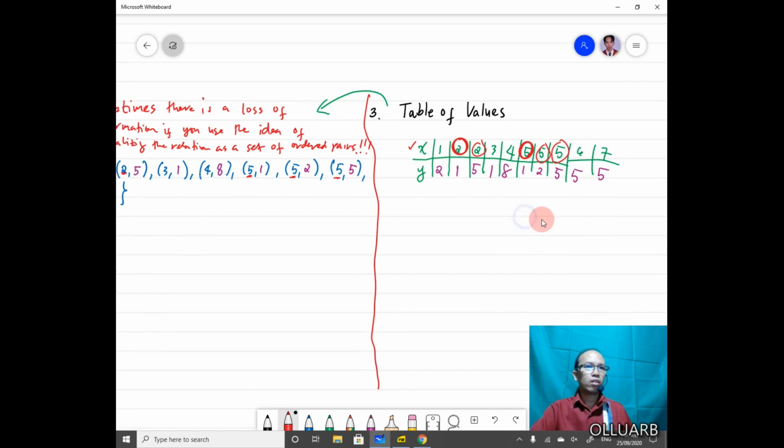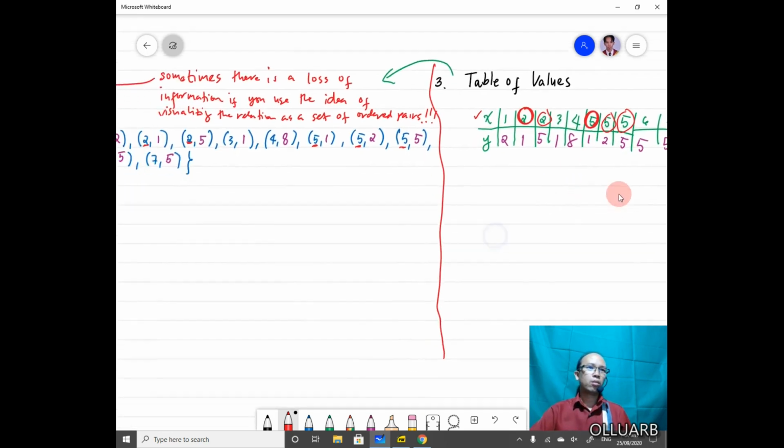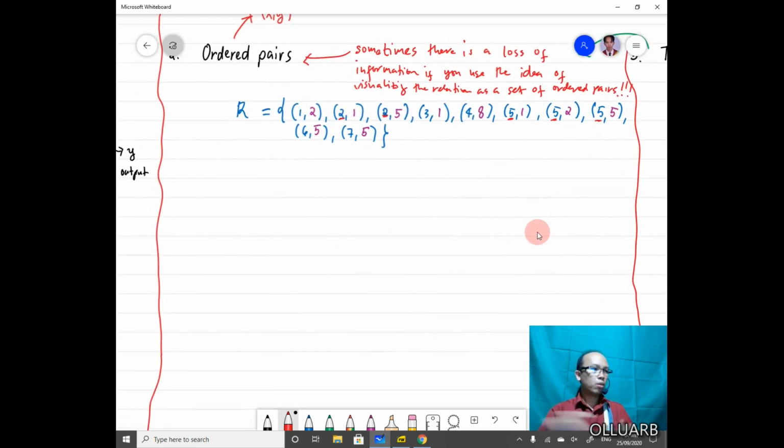But before I move to the last method on how to visualize the function or relation, the last one is all about equations.